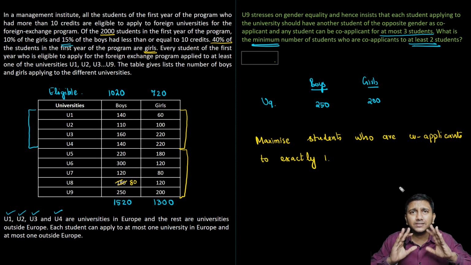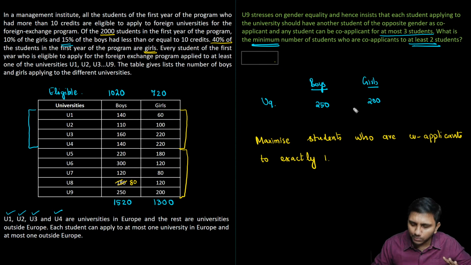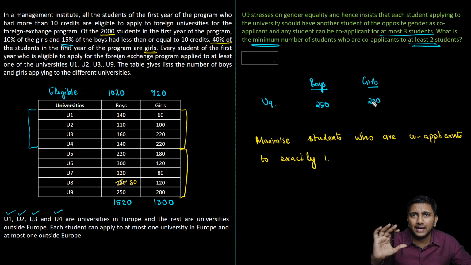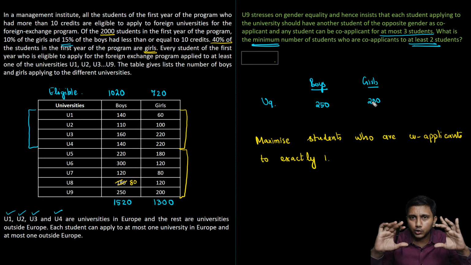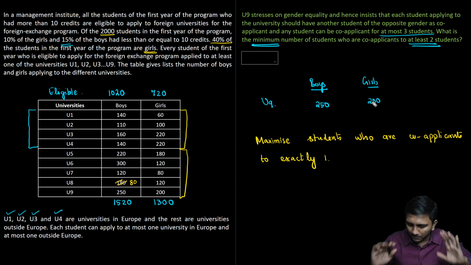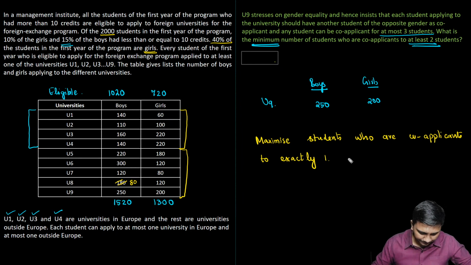Okay, so first what I can do is I have got 250 boys and 200 girls, right? So I can form exactly 1 like that. I can form 200 pairs, right? 200 girls, I can map them to some 200 boys. That will make sure that there are 200 people with exactly 1 co-applicant. Once I do that, 200 girls mapped to some 200 boys as co-applicants, that's done. The problem is we have 50 more boys.